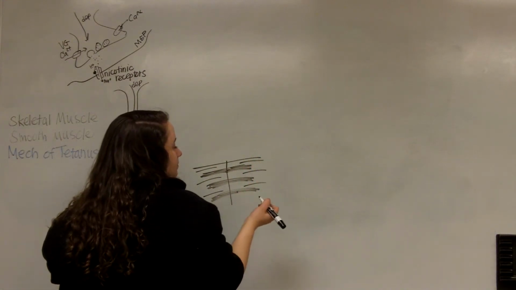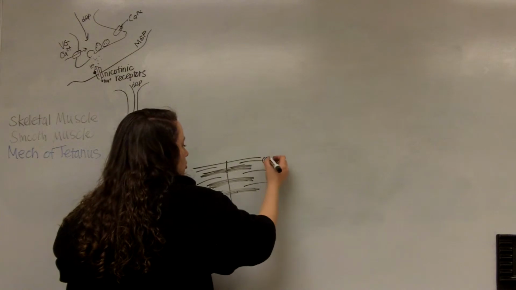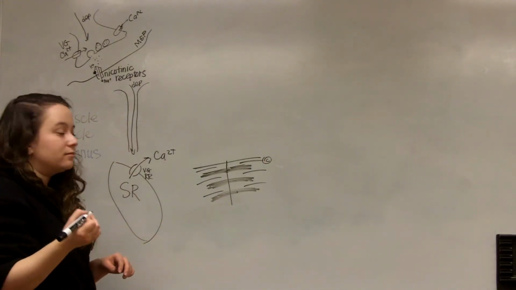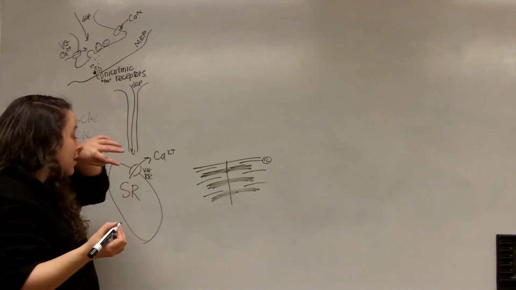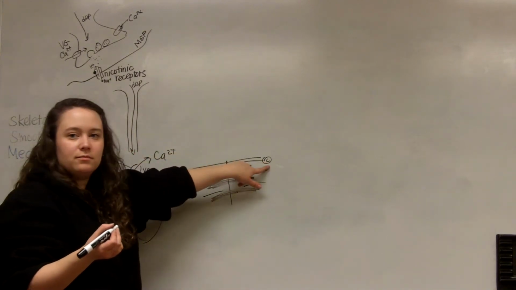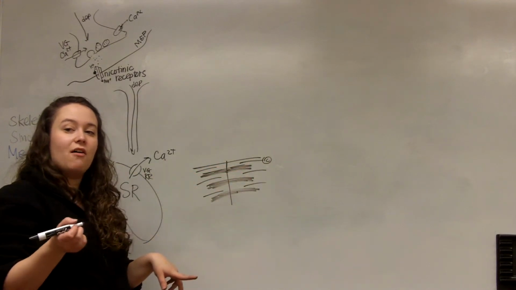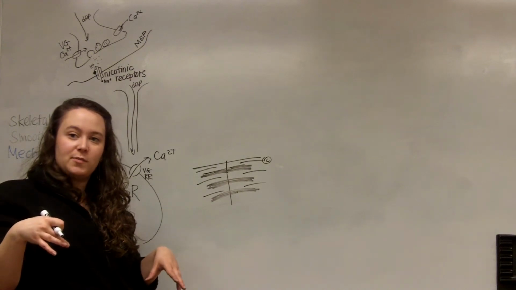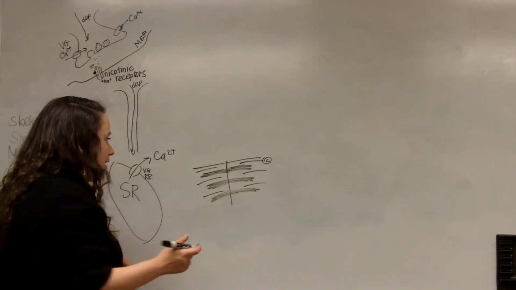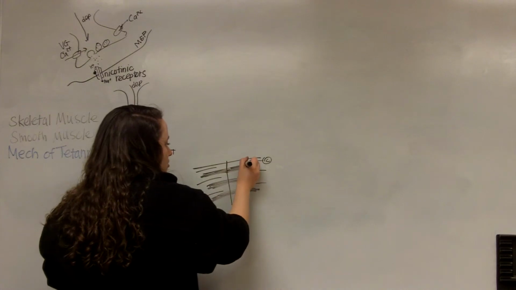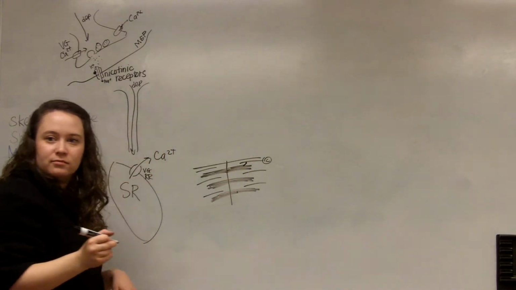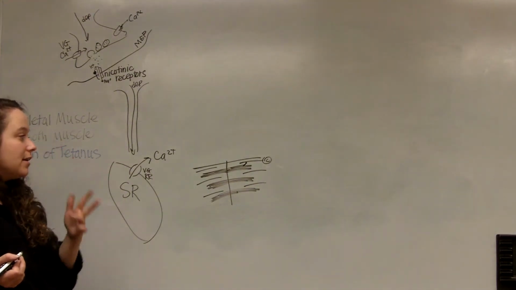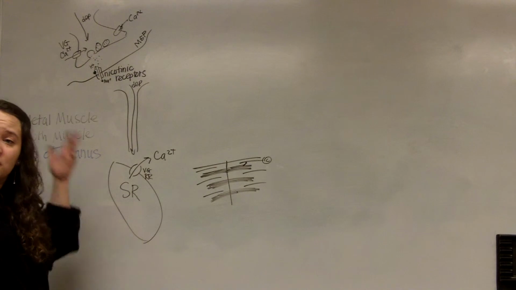On the actin, you have troponin C, which I'm going to mark with a C. The calcium comes and binds to the troponin C, which causes the conformational change that twists the tropomyosin out of the way and exposes the binding sites. And then the head on the myosin is just going to reach up and attach to the actin, because that binding site is open, and anytime that binding site is open and it can get it, the myosin is just going to reach up and attach.